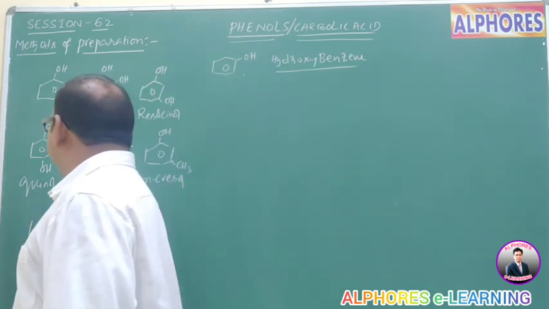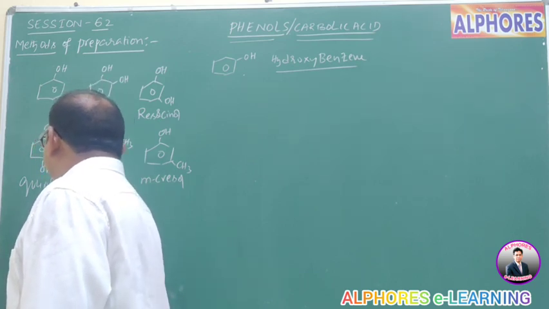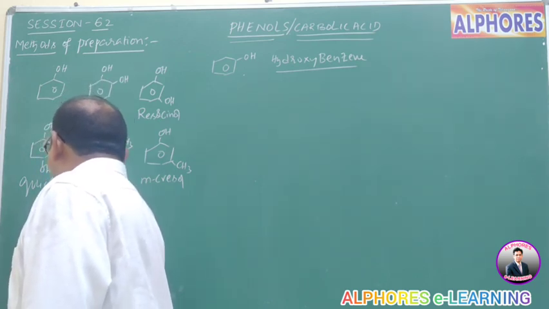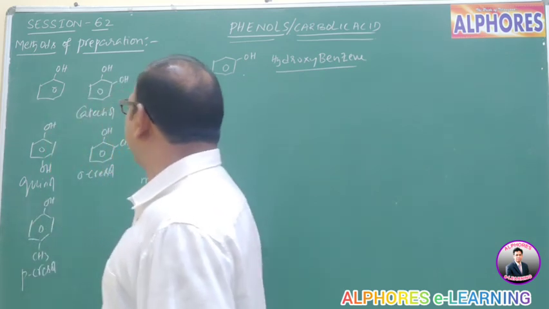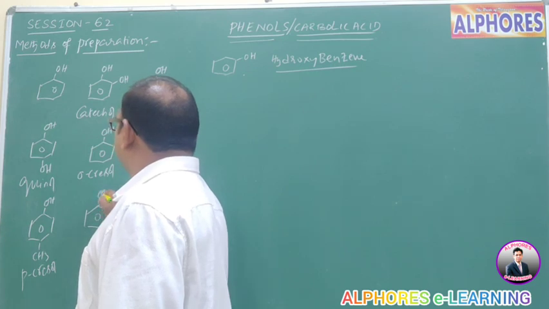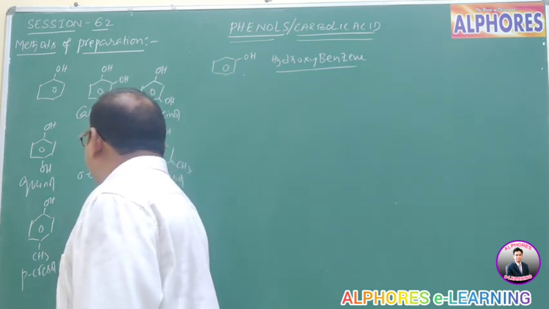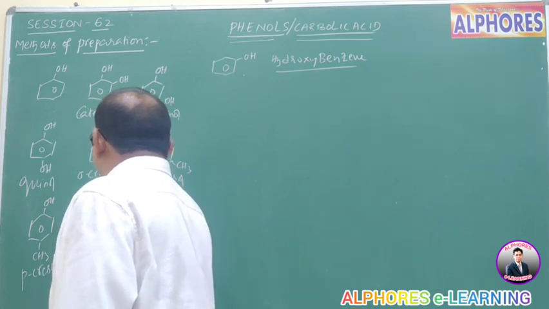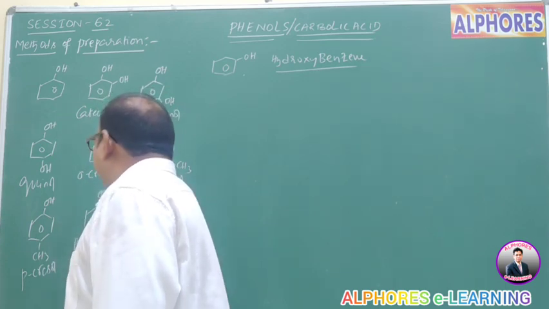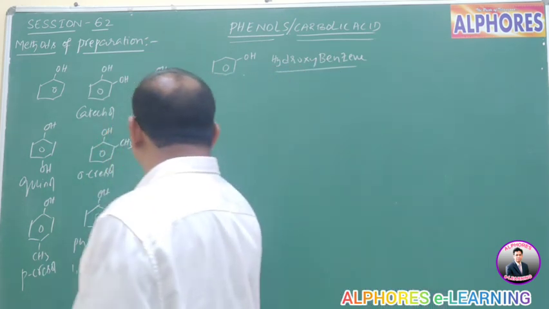And if the methyl group is in the para position, it is called paracresol. If three OH groups are there, 1,2,3-trihydroxybenzene is called pyrogallol.